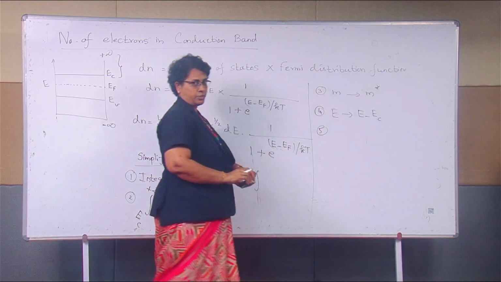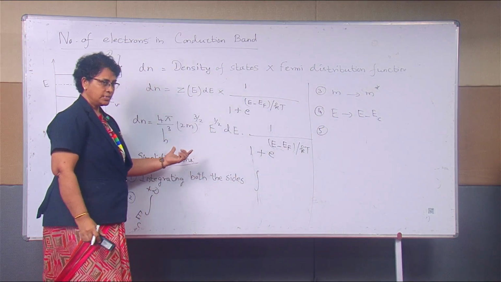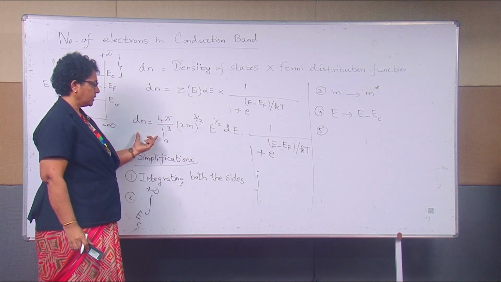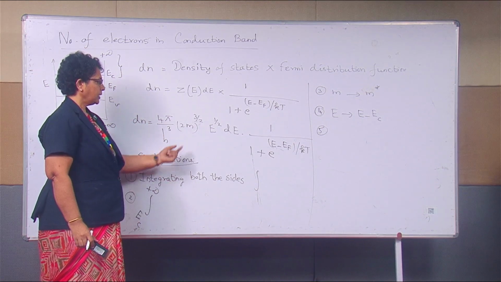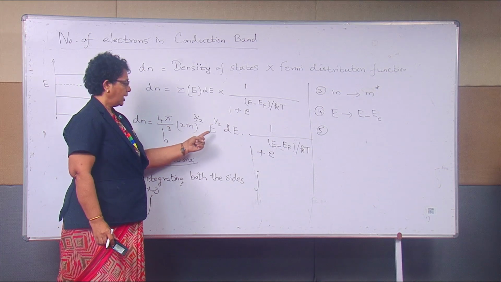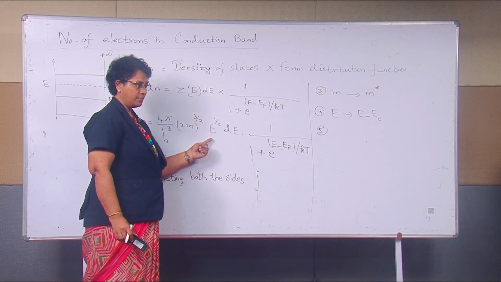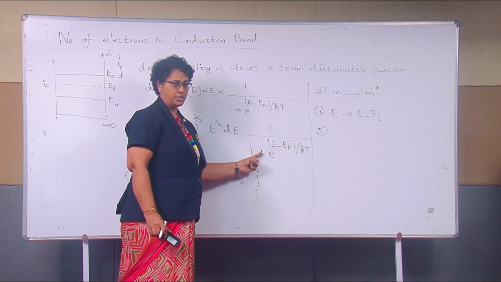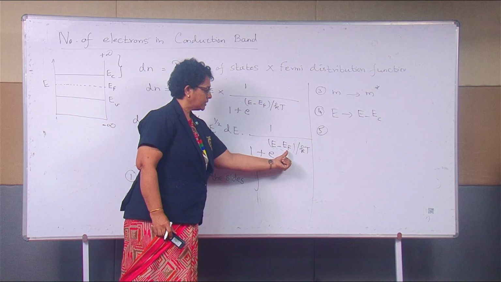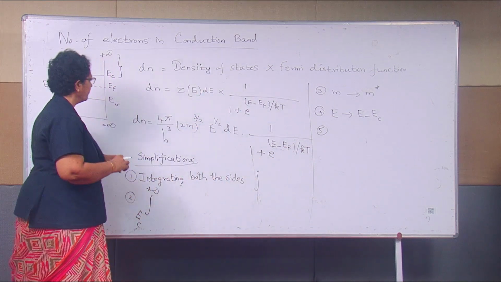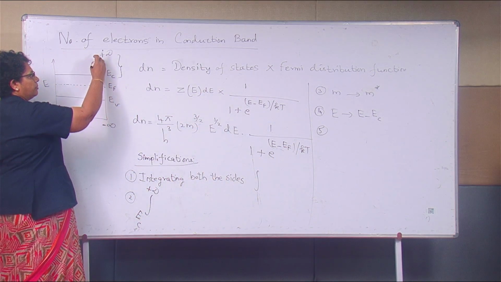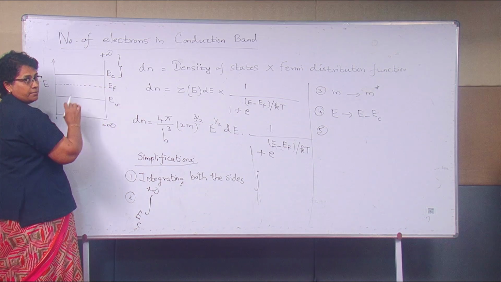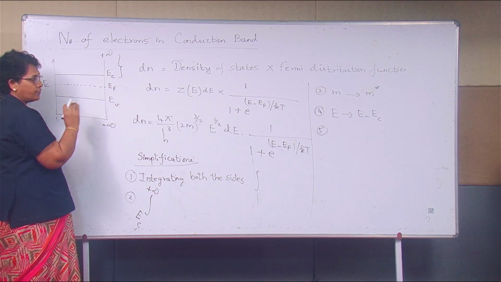And the last simplification. So you have introduced an integral, substituted the limit, m is changed as m star, and the ordinary energy is changed as E minus EC. And the next simplification is done in the Fermi energy level. Now in this Fermi energy level, see this EF, where does it lie? This EF is below the energy levels of the conduction band. So they have a very less value.